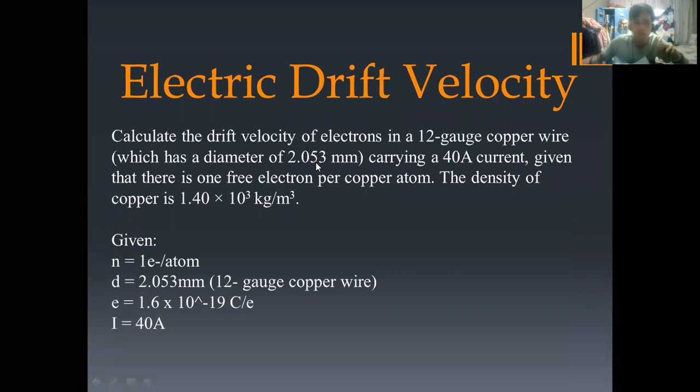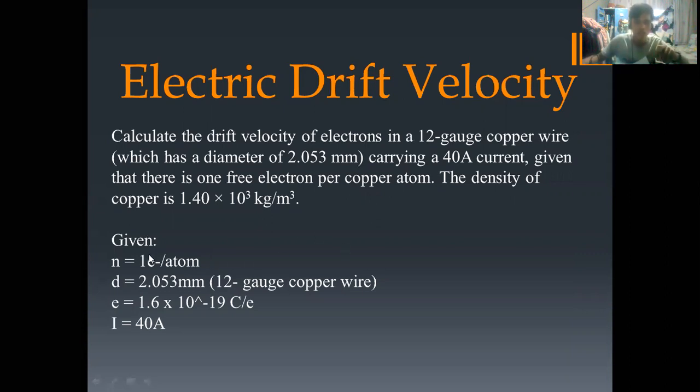Calculate the drift velocity of electrons in a 12-gauge copper wire which has a diameter of 2.053 mm, carrying a 40 ampere current. Given that there is 1 free electron per copper atom, the density of copper is 1.4 times 10 raised to 3 kg per cubic meter.